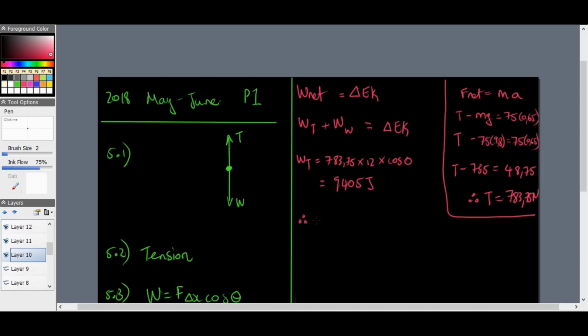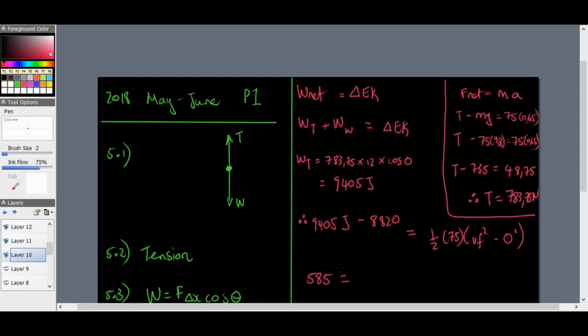Therefore 9,405 joules minus 8,820, because as you can see at the bottom here, it's a minus, is going to equal half of 75, just half of mass, times Vf squared minus 0 squared. So 9,405 minus 8,820 equals 585.